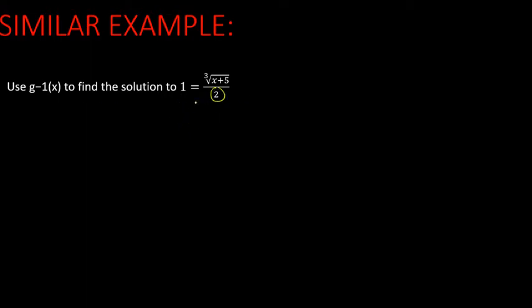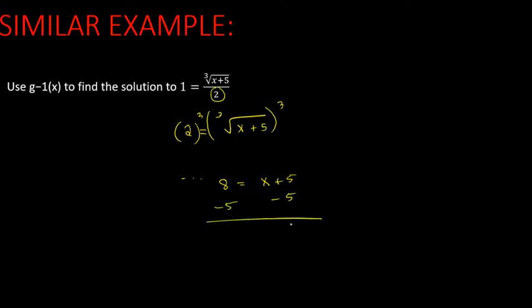So, you know, I would multiply both sides of the equation by 2. I get 2 equals the cube root of x plus 5. I would raise both sides to the power of 3. 2 times 2 times 2 is 8. So I get 8 equals x plus 5. And I'd subtract 5 from both sides of the equation, and I would get x equals 3.